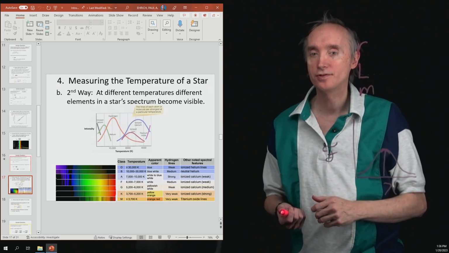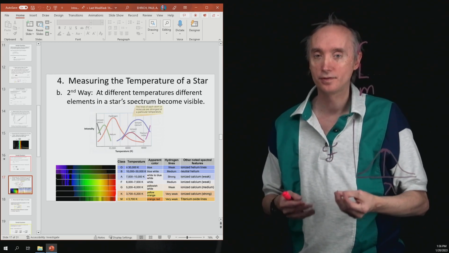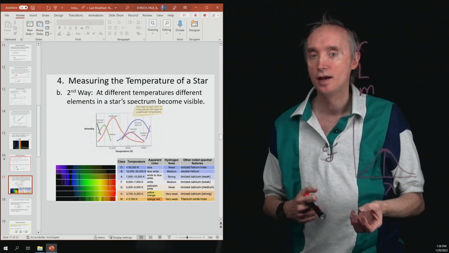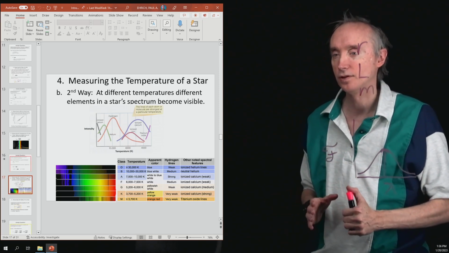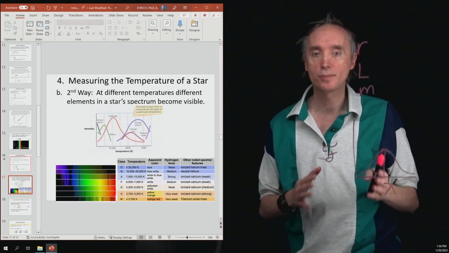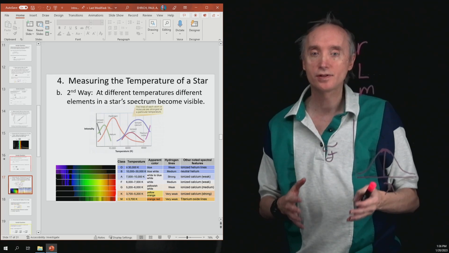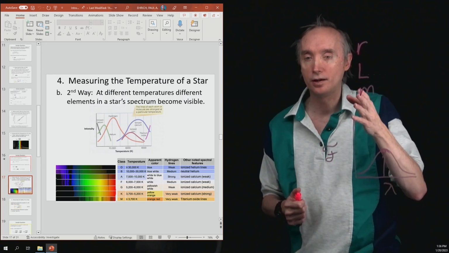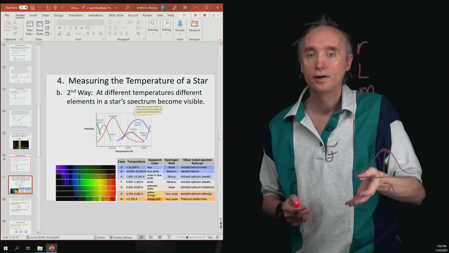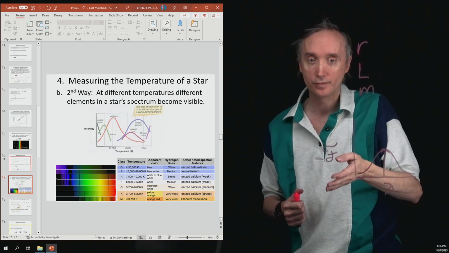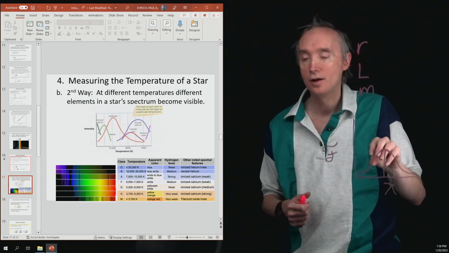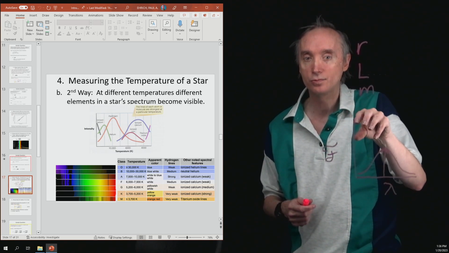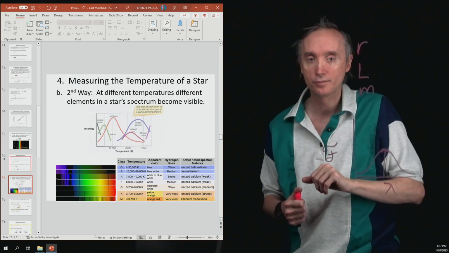So astronomers, again, have measured the spectrums of thousands of stars. And one of the things that they noticed when they looked at the spectrums was that sometimes there would be emission lines that would appear at certain temperatures, but then at other temperatures, those emission lines would disappear.